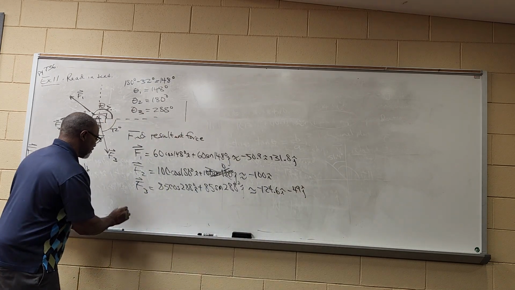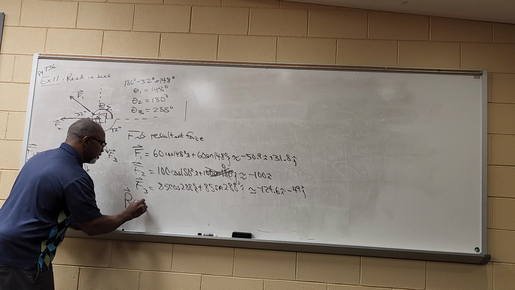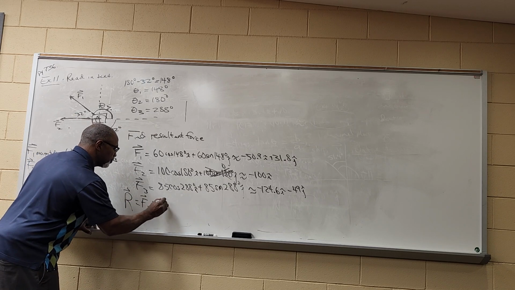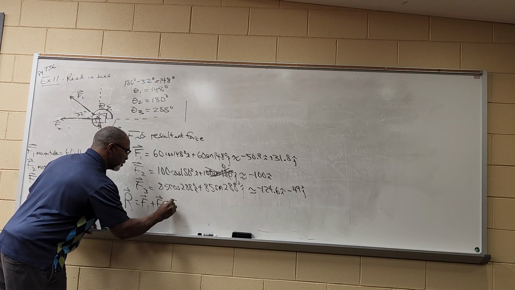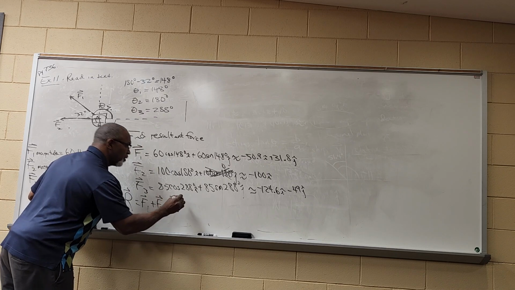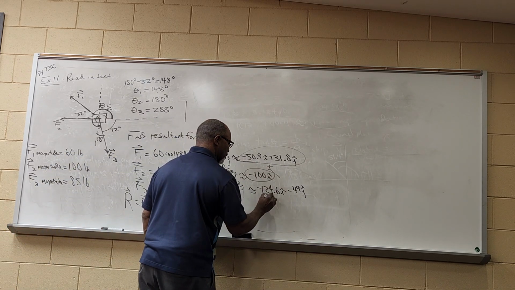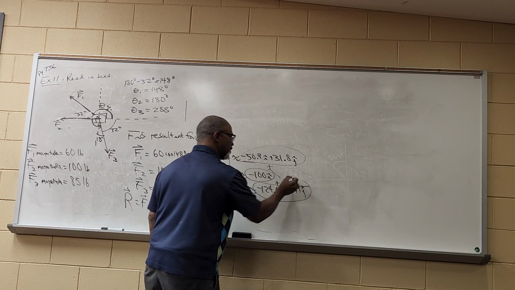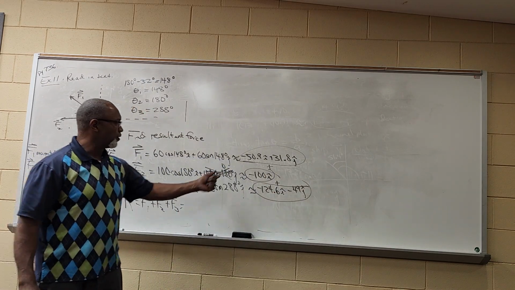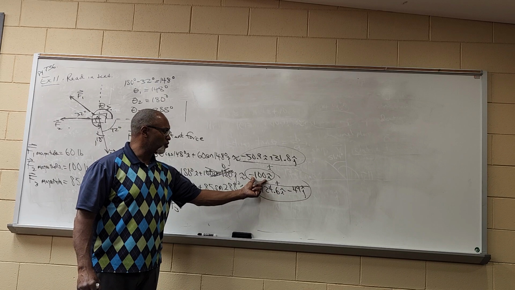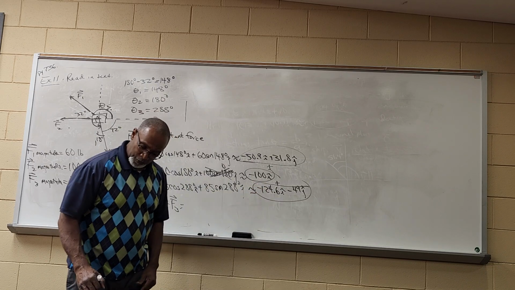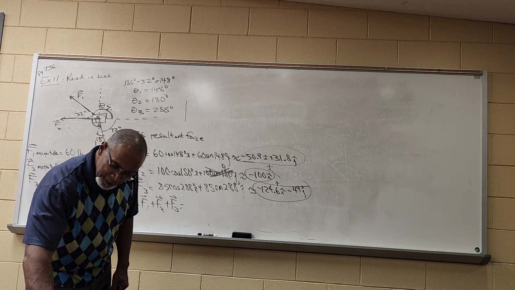And then my resultant vector will just be F1 plus F2 plus F3. All you're going to do is add up corresponding components. So you say negative 50.9 minus 100 minus 124.6.